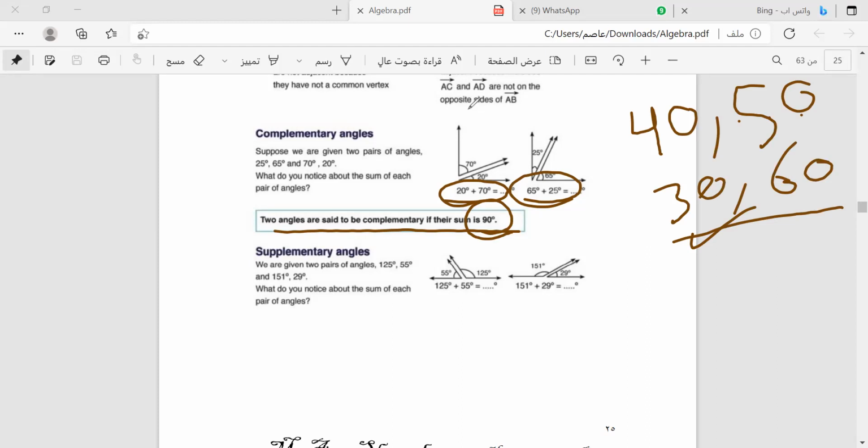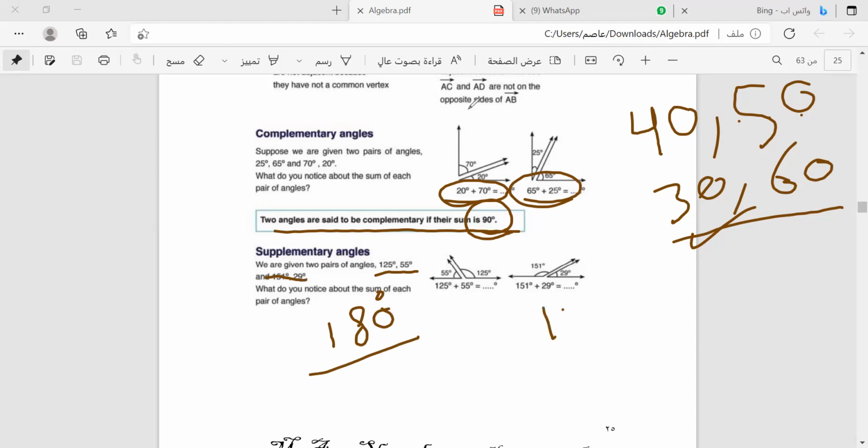Supplementary angles: two angles are said to be supplementary if their sum is 180, like 125 and 55, 151 and 29.